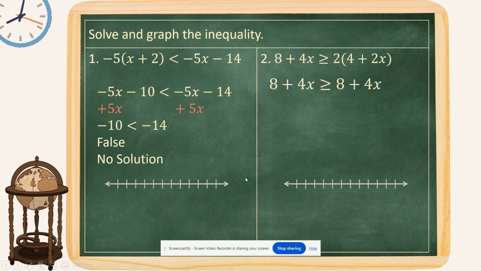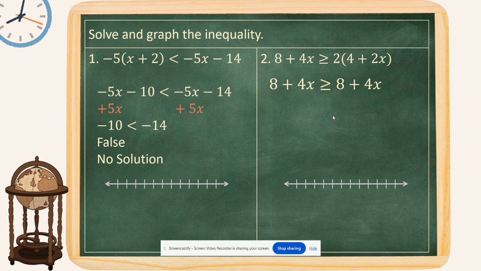For number 2, the first thing I want to do is distribute this 2. I have 8 plus 4x is greater than or equal to 2 times (4 plus 2x). I can distribute, so I get 8 plus 4x is greater than or equal to 8 plus 4x. Hopefully we're noticing these are the exact same thing on both sides, so it's going to give us an unusual solution.